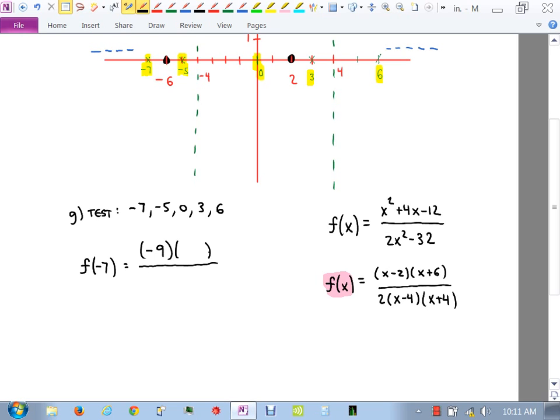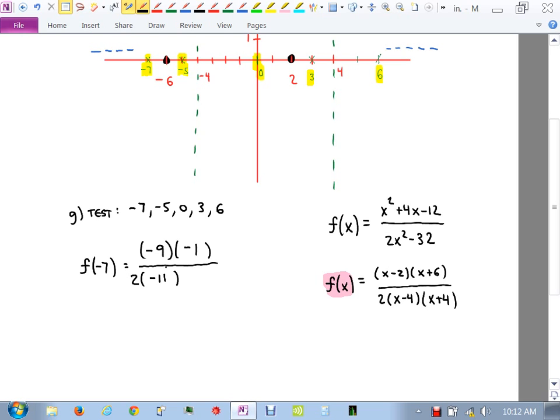-7 plus 6 is -1. And then over, let's see, the 2's sitting out here. Don't forget that 2 that's in front of the x minus 4. You plug -7 in. What's -7 minus 4? -11.